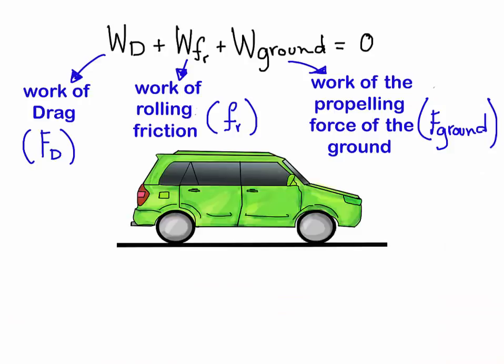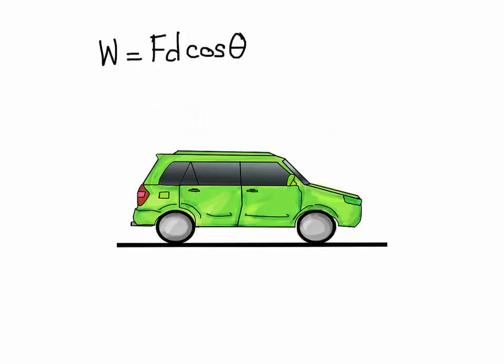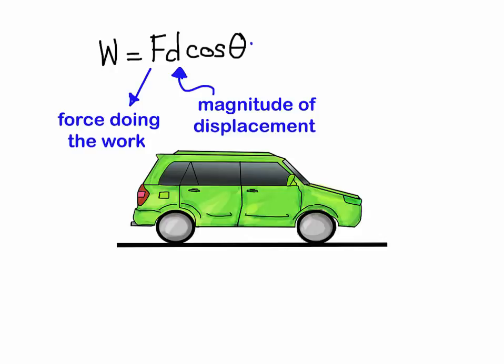Going back to the question, we have the work of drag plus the work of the rolling friction plus the work of the propelling force of the ground equaling 0. Recall the definition of work, which is W equals F, the force, d, the magnitude of displacement, and cosine theta, the angle between them.